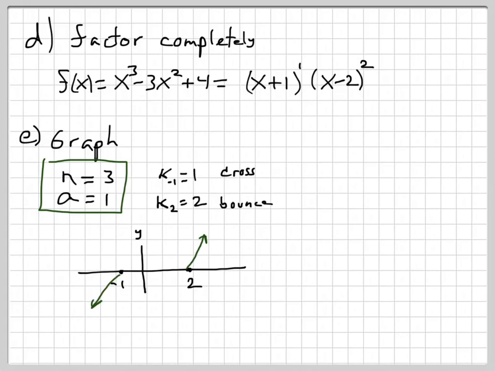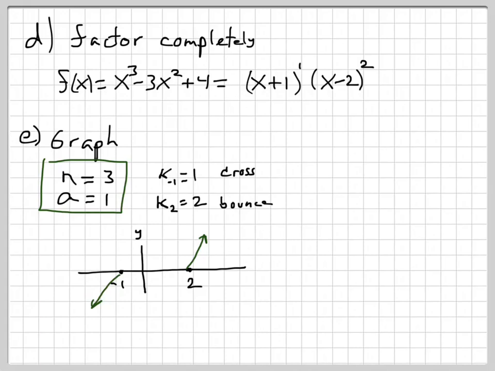The tails go in opposite directions. And now the leading coefficient is a is equal to 1. You can think of it as like a slope, and so it's positive. And so this curve is going to rise to the right. So to the right of 2, it goes up, but on the far left side, left of -1, it falls down. So that's what happens at the tails.